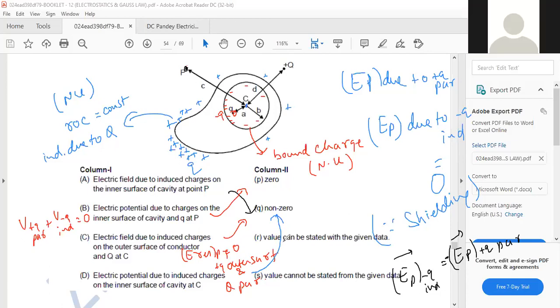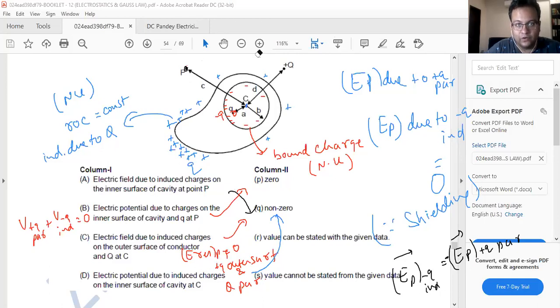Option C, P and R. Electric field due to the induced charges on the outer surface of the conductor and Q at C. अच्छा at C पूछा है. I'm so sorry, not at P. So sorry. इस दोनों का तो रिजल्टेंट जीरो है obviously. मैं ये पॉइंट P का बात कर रहा था.